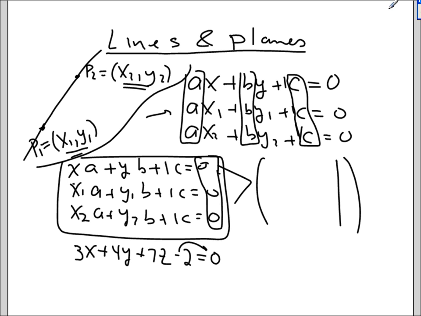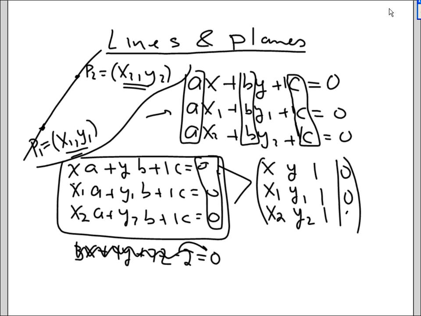You need to bring the constants over to the right side. And in the case above us, that is the case. So it's a homogeneous system, and we can write down the coefficient matrix: x, y, 1, 0. Second equation is x1, y1, 1, 0. And then x2, y2, 1, and 0.